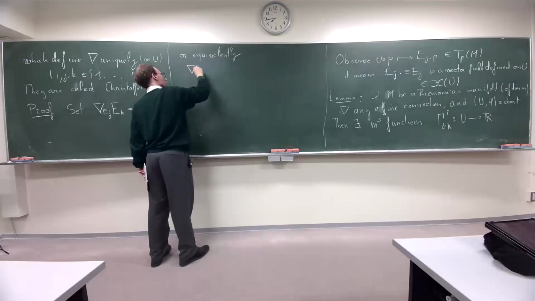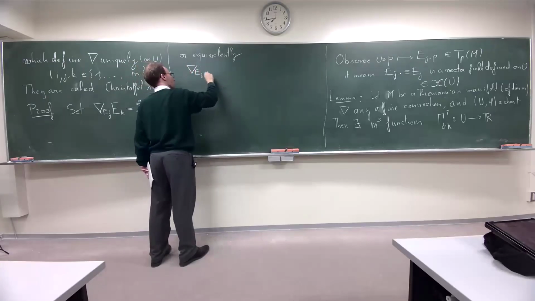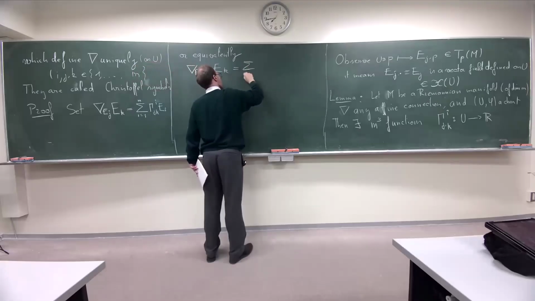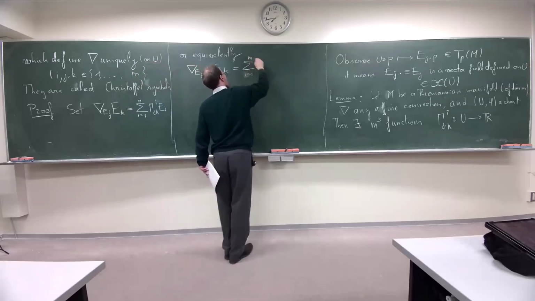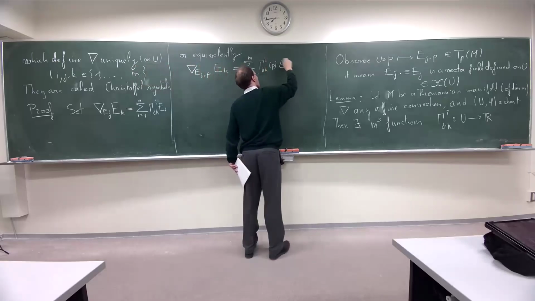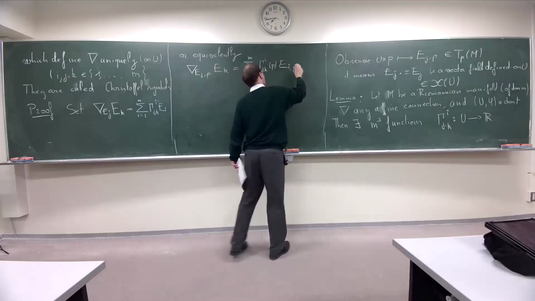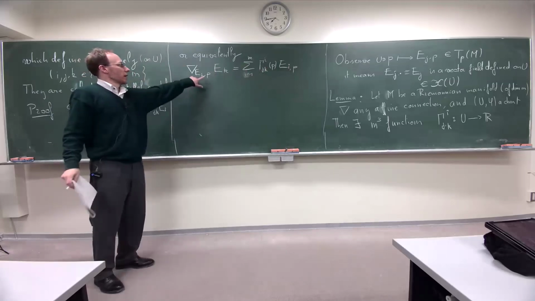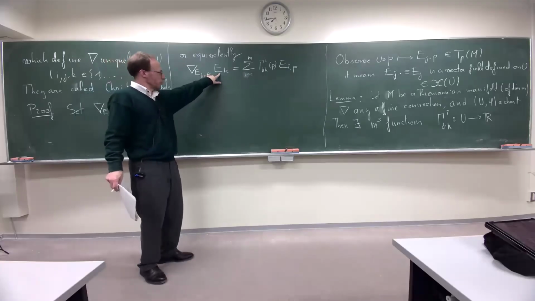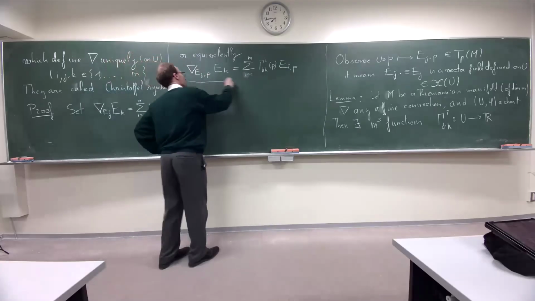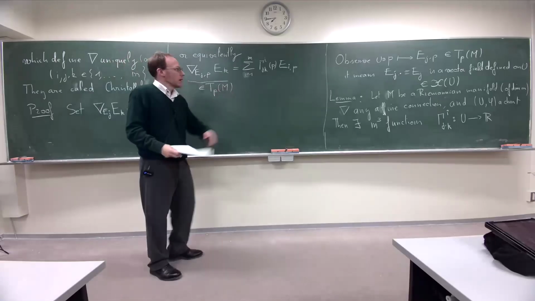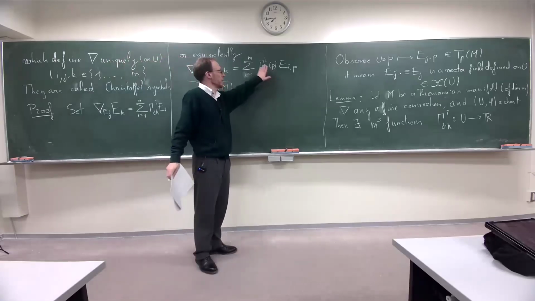This nabla_{E_j} applied at P to E_k is equal to the sum, i from 1 up to m, of gamma_jk^i at P, E_i at P. Look, this is a vector in the tangent space T_P M. We apply it to a vector field. We know that everything has to be inside T_P M, but we have a basis, and I call the coefficient of this basis gamma.